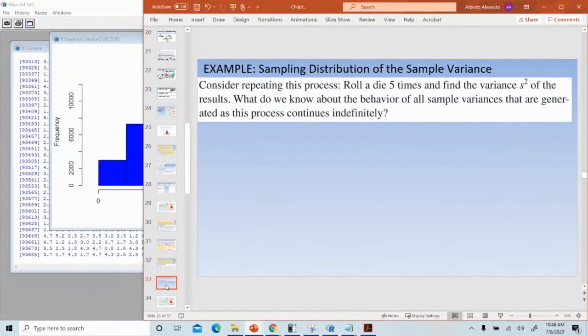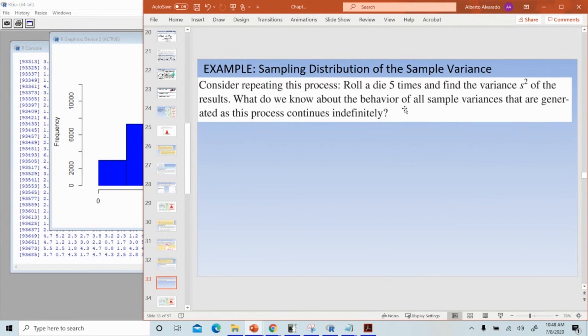Okay, and you won't have to create the histograms of variances like that. However, I may have something coming down the line for you to create different histograms for the project, but more to come. I'll let you know. Okay, so consider repeating this process, rolling a die 5 times, and find the variance S squared of the results.